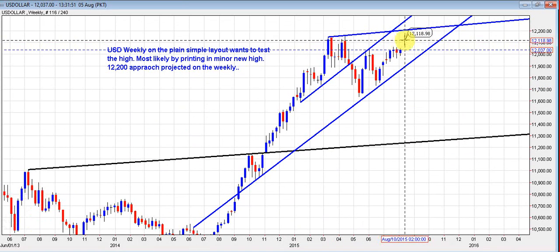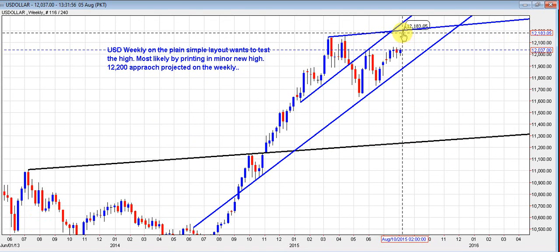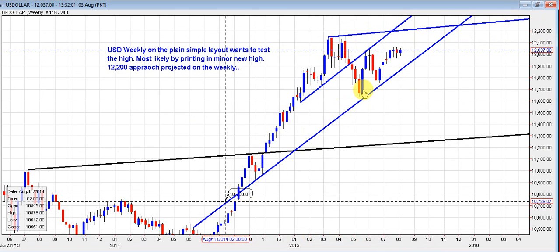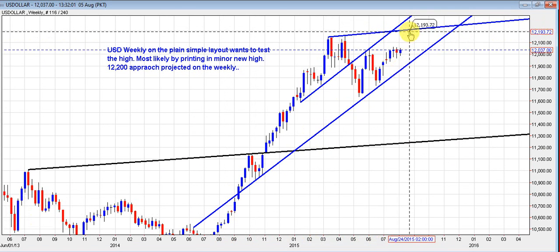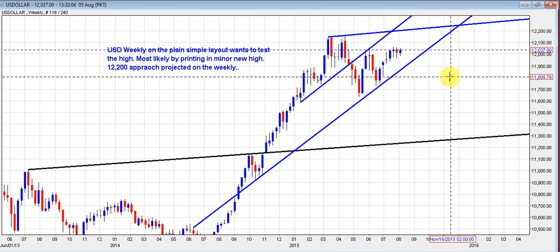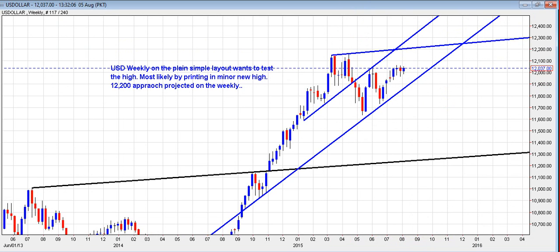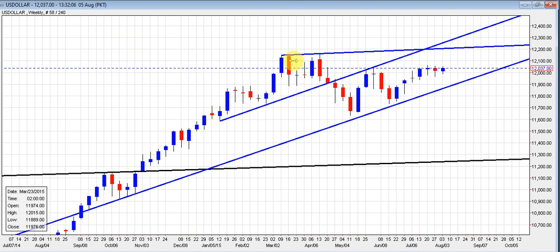What worries me is that there's enough room on the higher side, but you see how steep the move is. So if we can hit new highs on the dollar, I'll be cautious that there's a retrace coming in. But now, since I started, I'll start discussing a little bit more.